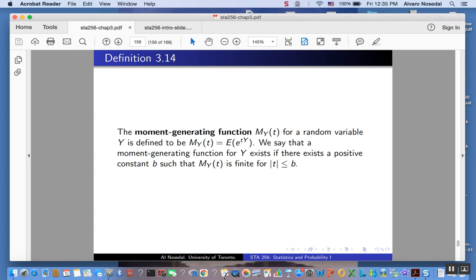Again, you will find this definition in our textbook as well. The moment generating function, as you can see from that slide, is defined as the expected value of a function. This function, this transformation, is e to the power t times y.